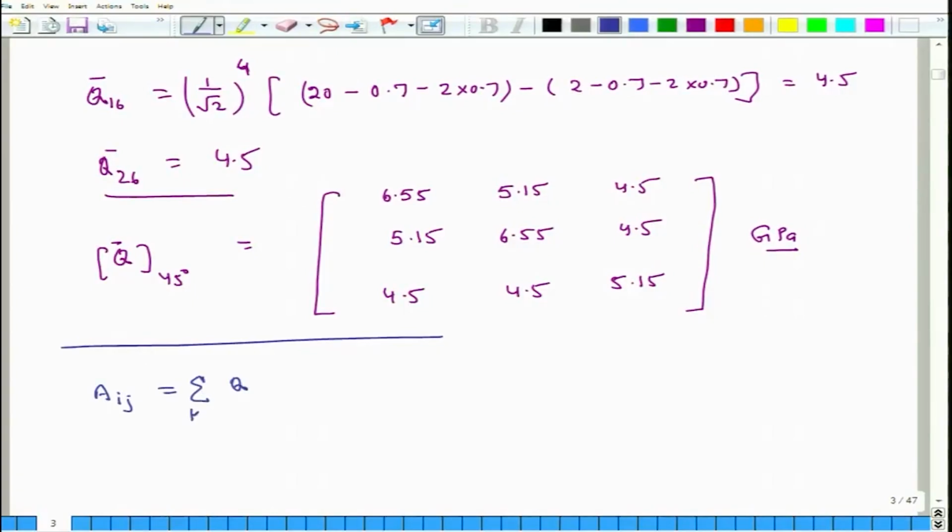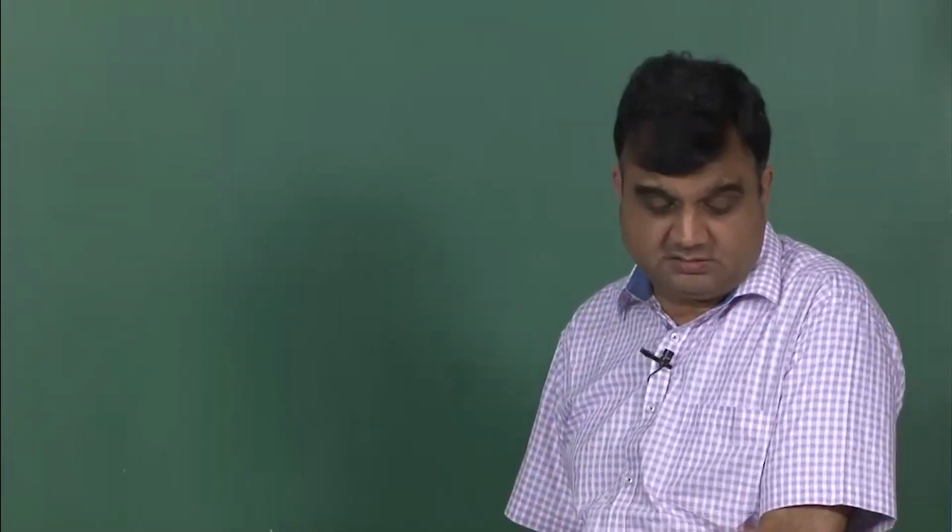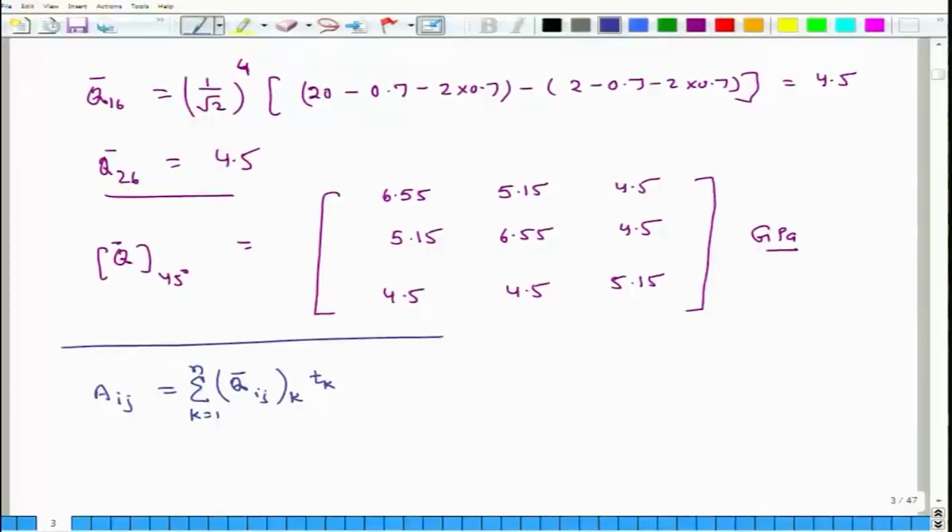Sum of k equal to 1 to n, and we had discussed this earlier, Q bar ij for the kth layer times the thickness of the kth layer. It is actually hk minus hk minus 1, which is the thickness of the kth layer. Now, there are only two layers here.